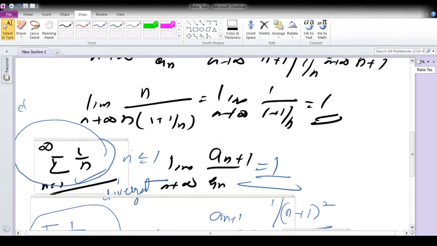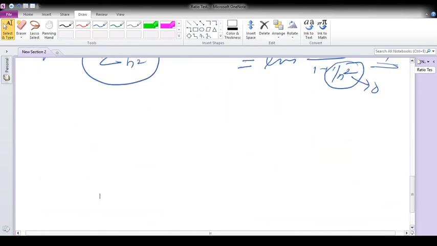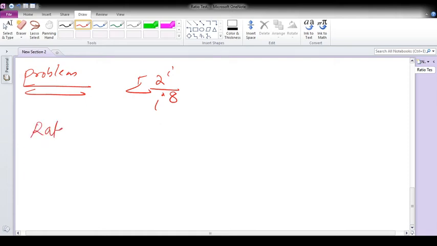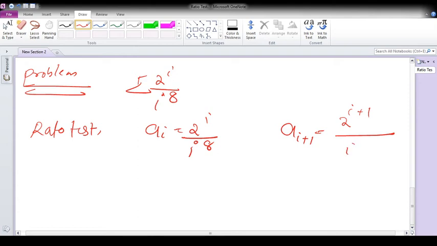I will explain one more problem. Given that the series is 2 power i by i power 8. Here we use the ratio test. So a_i equals 2 power i by i power 8, and a_(i+1) equals 2 power (i+1) by (i+1) power 8.